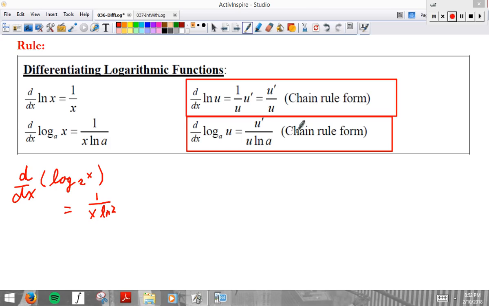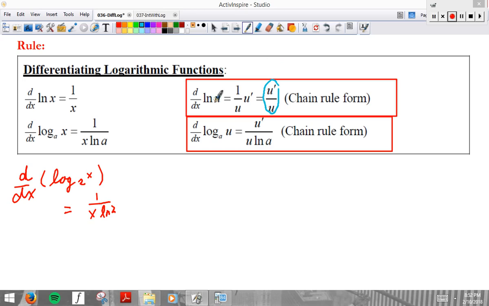The more important formulas are the chain rule forms. If you just memorize this, you don't have to memorize these. If you know this, you can do those. We keep the inside the same, multiply by the hook on. U prime is still a hook on here. A more useful form, especially for integration in the next unit, is u prime over u.